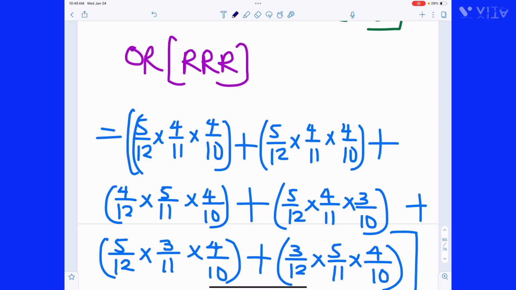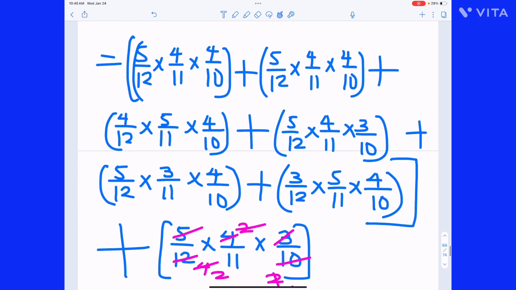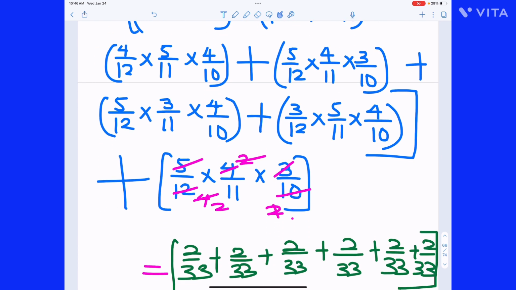So you do the same thing for all other possible ways of choosing 2 red balls. Then outside of the bracket, you now calculate the probability of choosing 3 red balls straight away. That's red first time 5/12. That will reduce to 4/11.